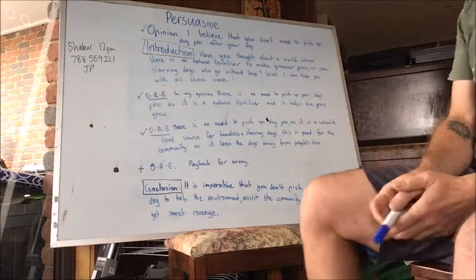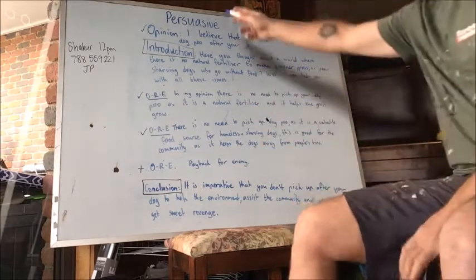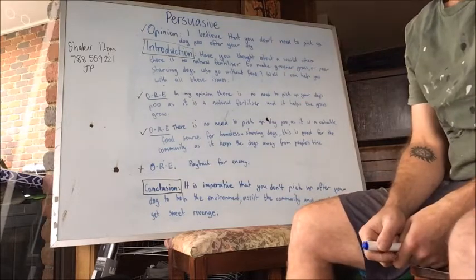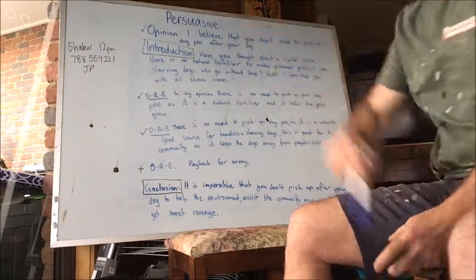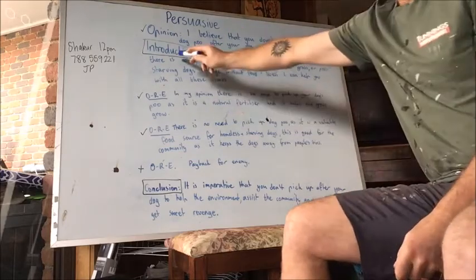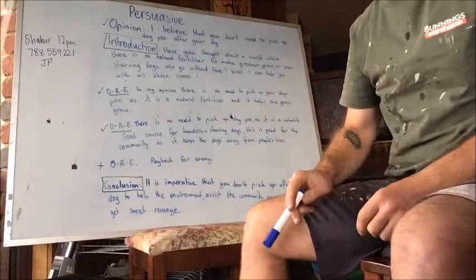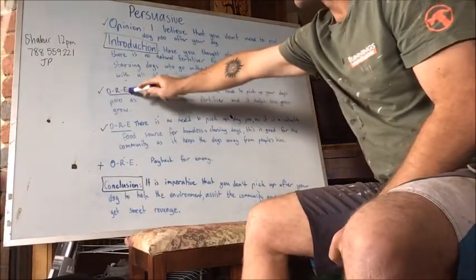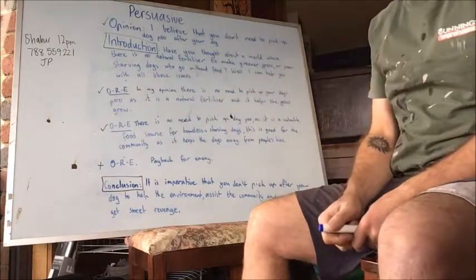Okay, so this is the structure of a persuasive. It has a title. It has my opinion. It has an introduction. I have my first opinion, reason, and example.